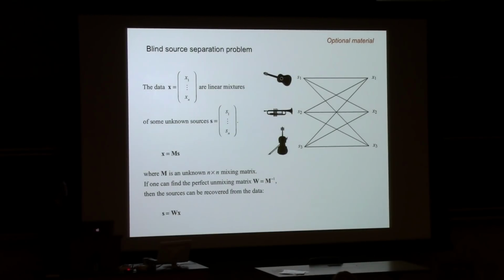It's related to blind source separation. So the idea is this. Suppose you have a bunch of sources of signal. Let's say here it's 3 different musical instruments. Suppose you have 3 recorders, like microphones, right? Each microphone records a linear summation, a weighted sum from all 3 different sources, with different weights depending on location.